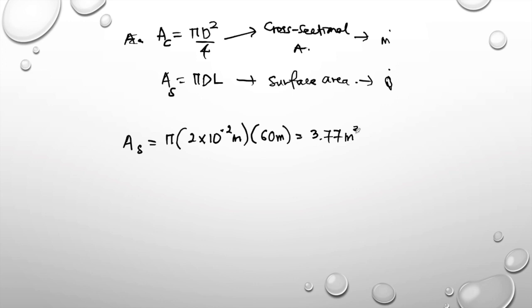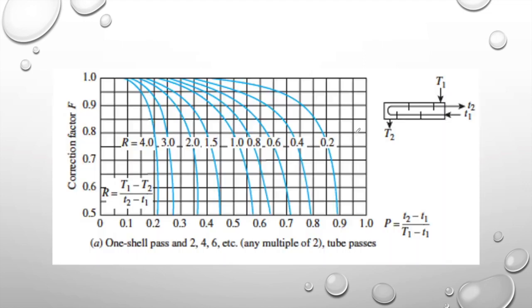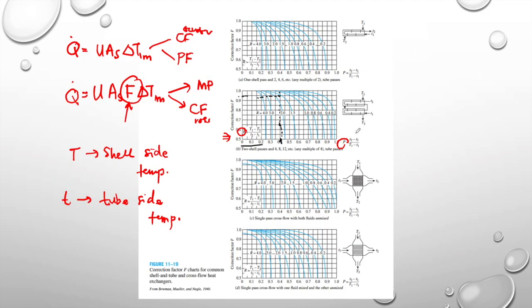So now we already calculated the overall heat transfer coefficient and AS. Since this is a multipass heat exchanger, we have to find the correction factor F. How to find the correction factor?